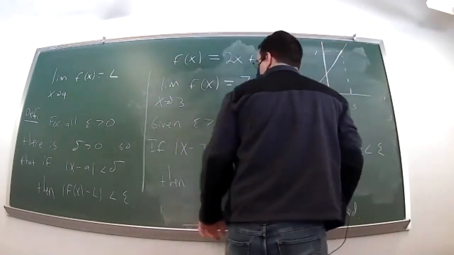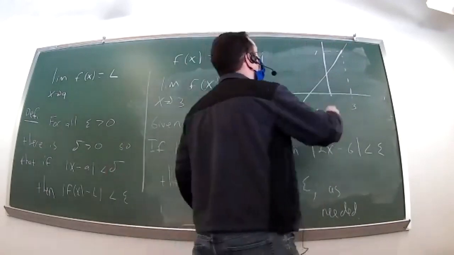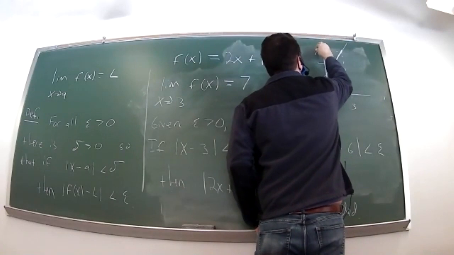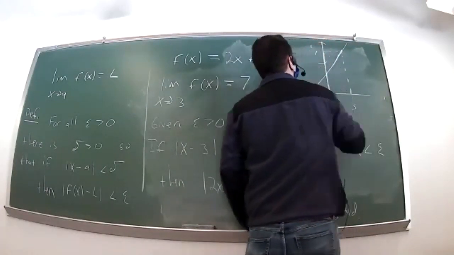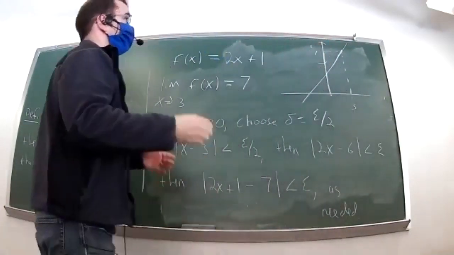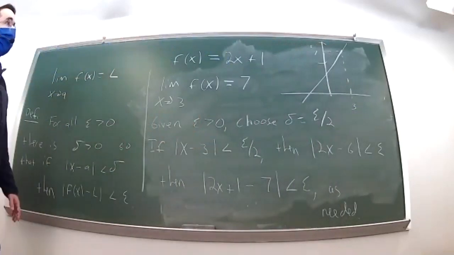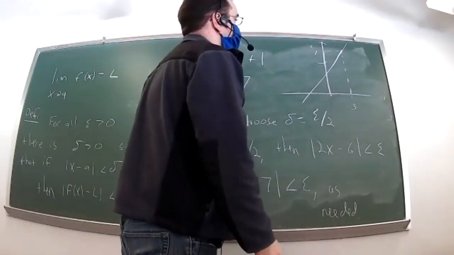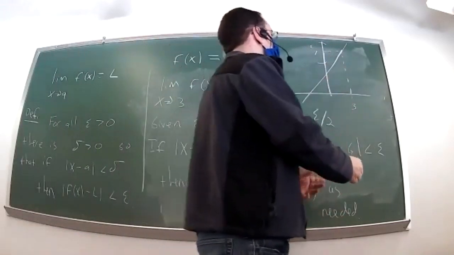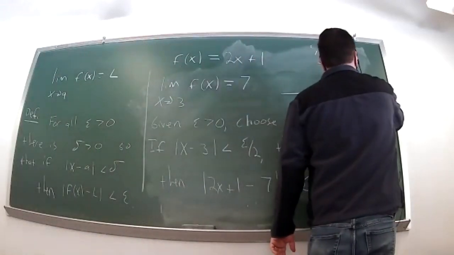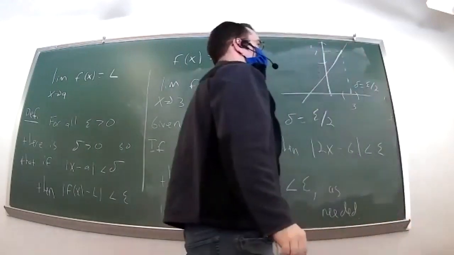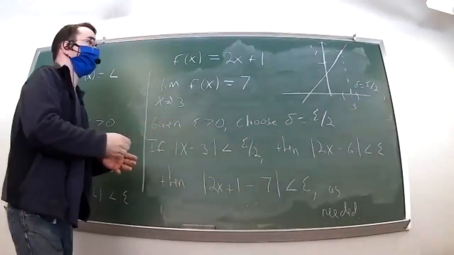So given epsilon bigger than 0, so given some range of values, so epsilon's like a radius about 7. What delta do you need to pick? What radius about 3 do you need to pick? Well, you just pick delta equals epsilon over 2. That radius about 3 is just epsilon over 2.